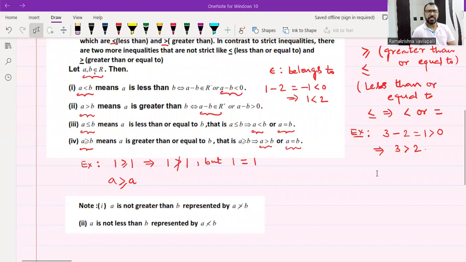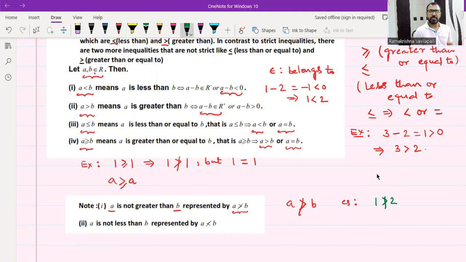If A is not greater than B, then we represent it by writing the greater-than sign and striking it off like this. A is not greater than B. For example, here you see that 1 is not greater than 2.